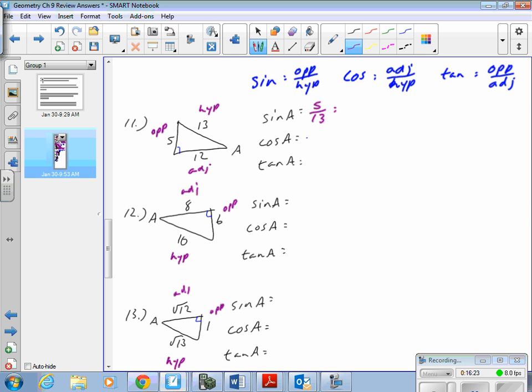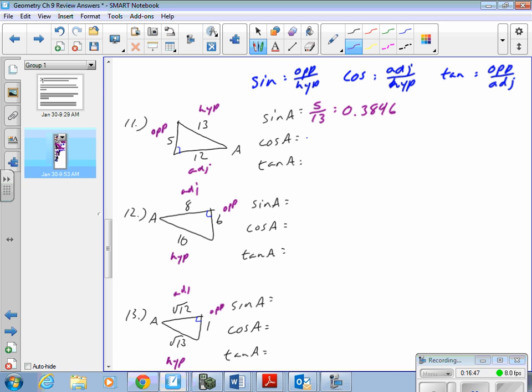So 5 over 13, the opposite over the hypotenuse. And the instructions ask you to give it in 4 decimal places. So we're going to take that 5 over 13, divide it out. That'll be 0.3846.